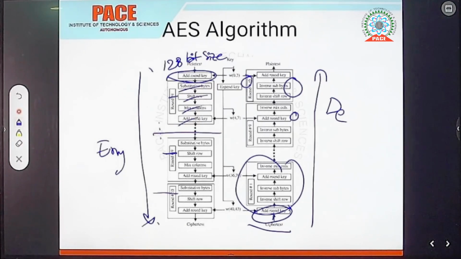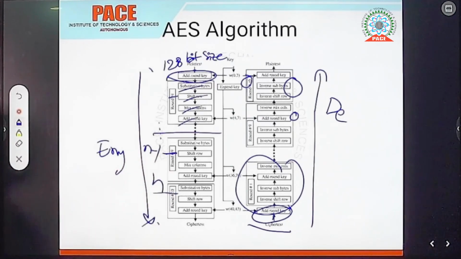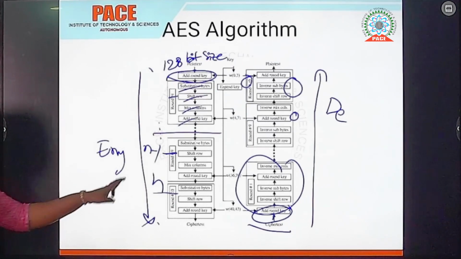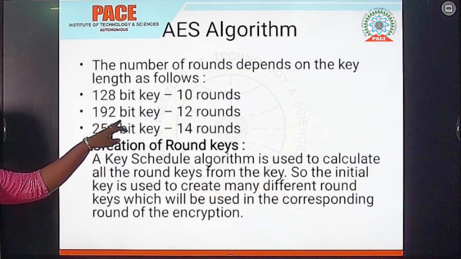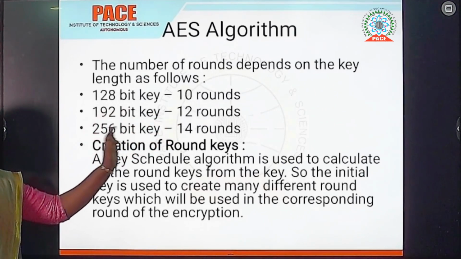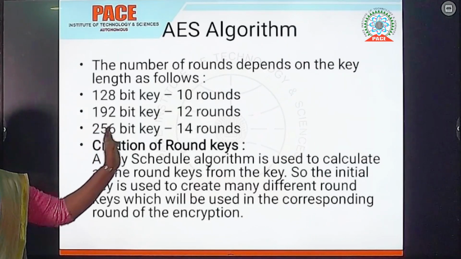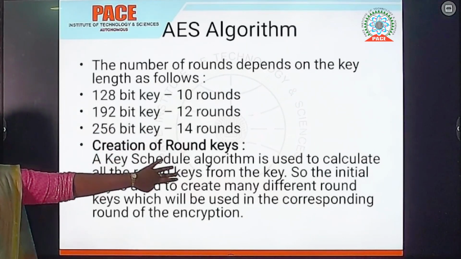This is the n minus 1 round, and this is the nth round. Similarly, for 192 bits we have 12 rounds, and for a 256-bit key we have 14 rounds.